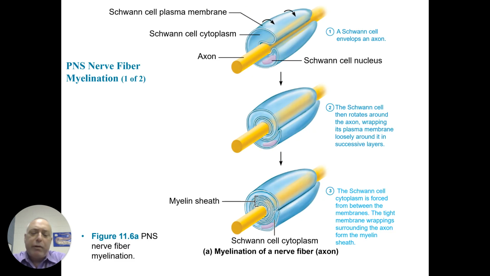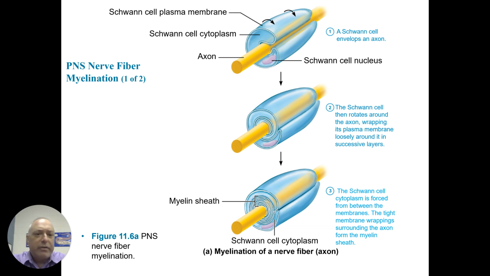So in the peripheral nervous system, Schwann cells are the cells that will myelinate the peripheral nervous system. And they do this by wrapping around the nerve, producing a myelin sheath.